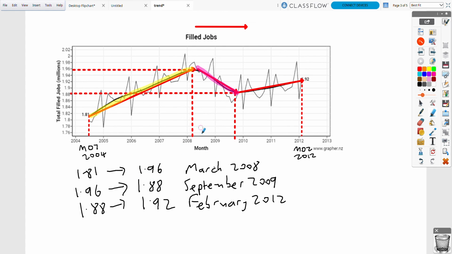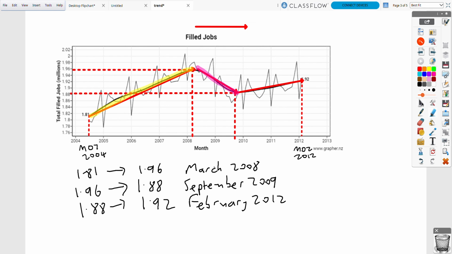So 1.96 take away 1.88 divided by how many months this is to tell me the average decline per month in the total filled jobs in New Zealand, and explain that using my research, the world recession where lots and lots of people around the world lost their jobs.